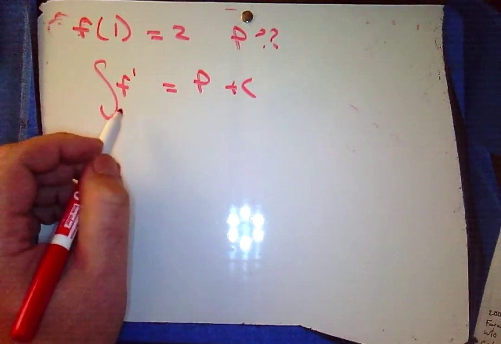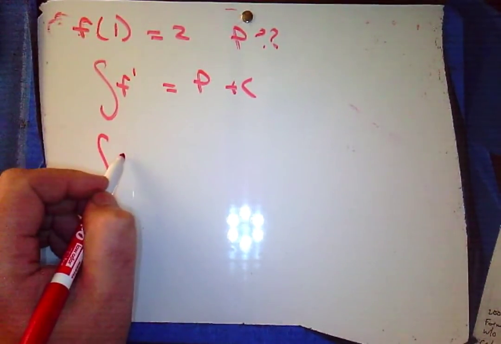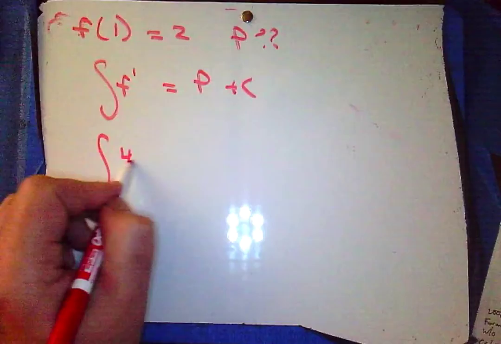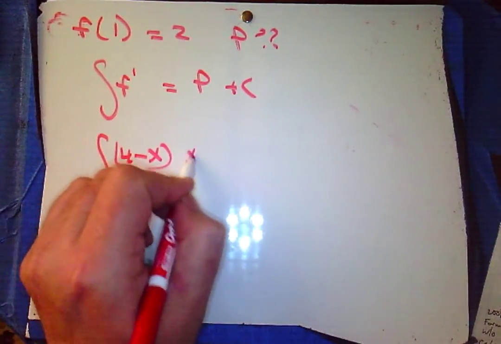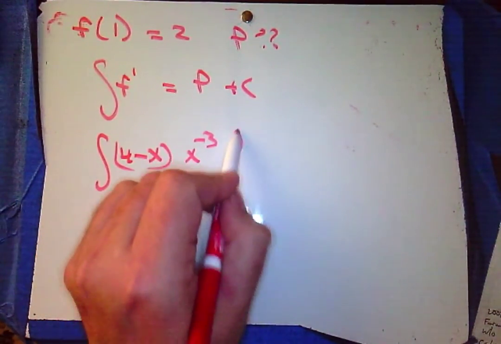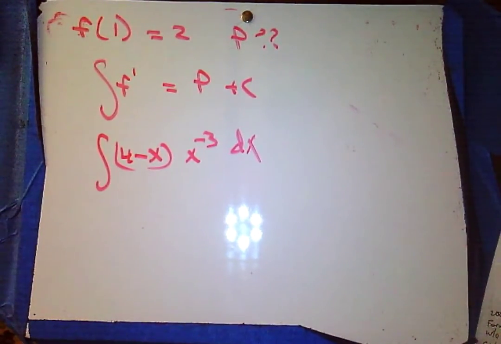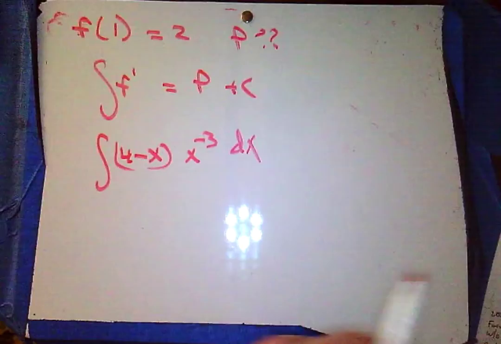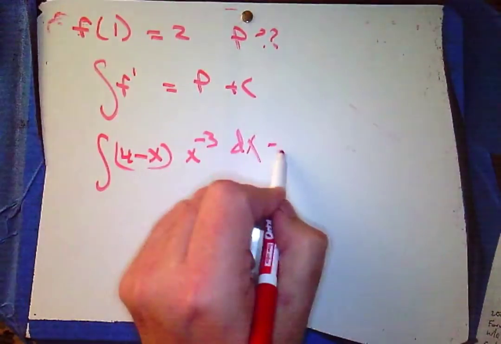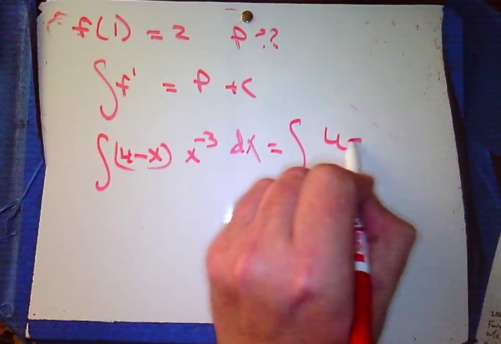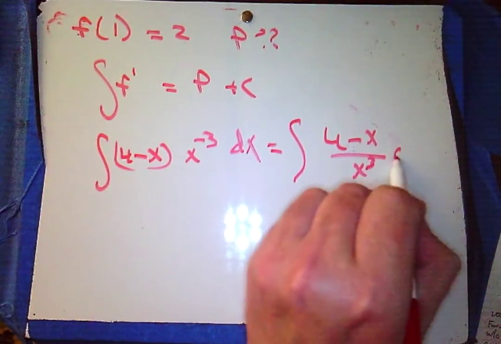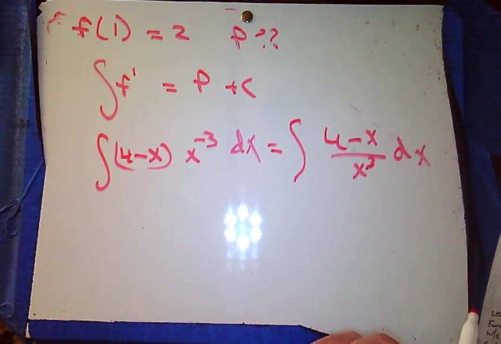So let's find the antiderivative of this function, which was 4 minus x times x to the minus 3 dx. Now, I'm not keen to do it this way. So we could think of this as the integral of 4 minus x over x to the third, but I'm still not keen to do it this way.